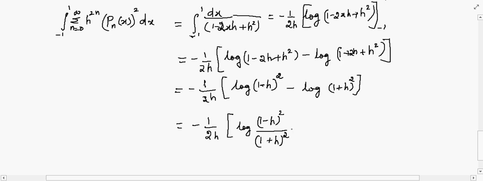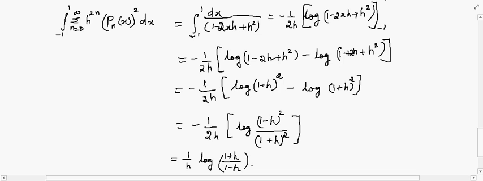Both the numerator and denominator have a whole square, hence we can take that square outside using the logarithmic properties, and also take this minus sign inside, so we get 1 by h into log of 1 plus h divided by 1 minus h.